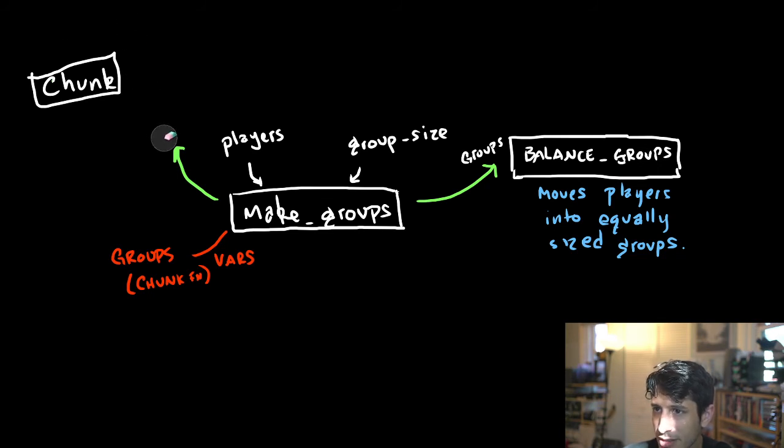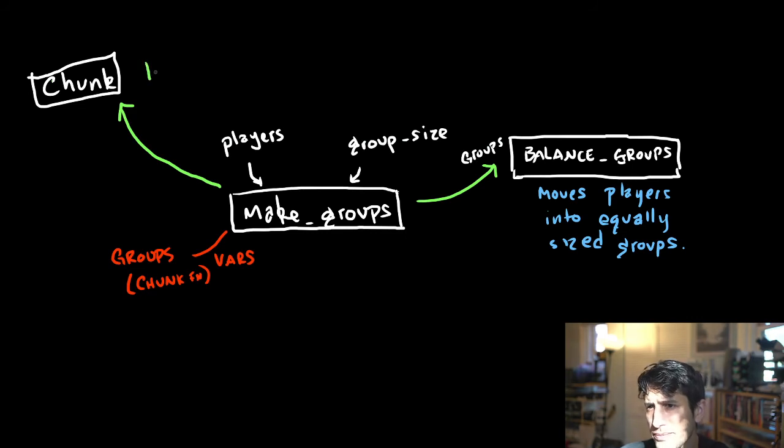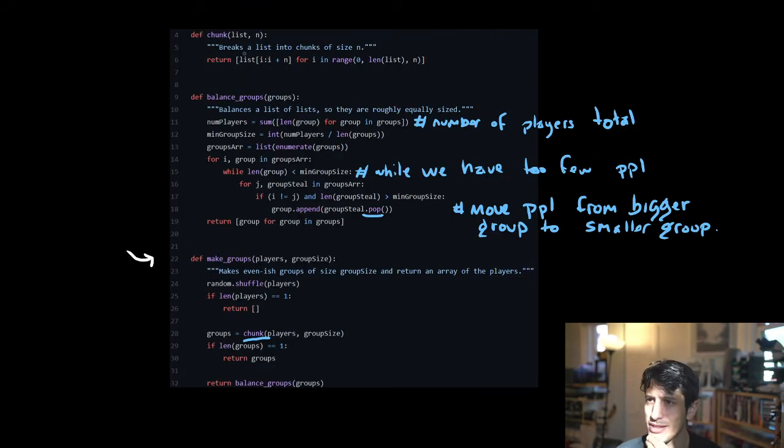I'll make this a little bit more accurate of an arrow. There we go. Chunk. And what are the arguments that chunk takes? Chunk takes a list and a number, or n, but n is usually short for a number.